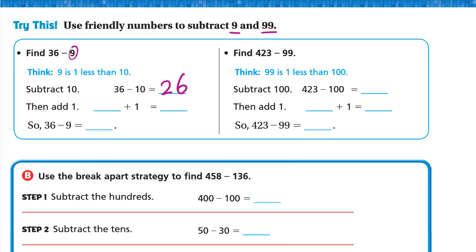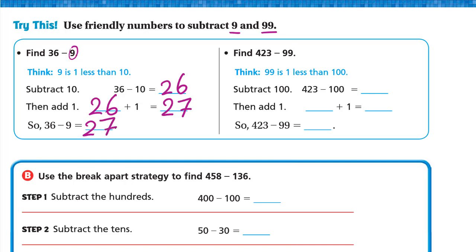We subtracted 10. It means the answer 26 is not the correct answer. I tell you, we subtracted 10, which means we subtracted one more. So instead, we will add this one again. So we will add the 1 to the 26. So our correct answer will be 27.